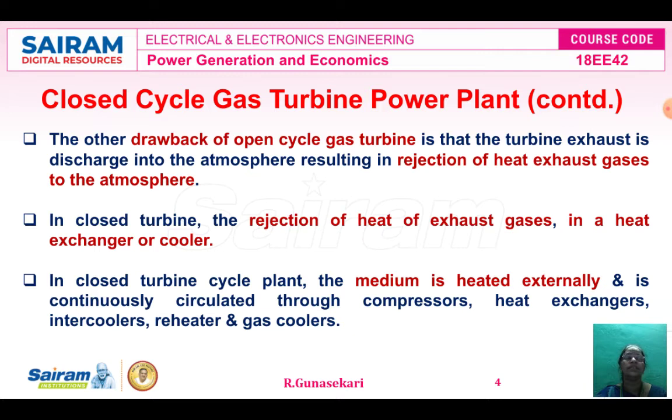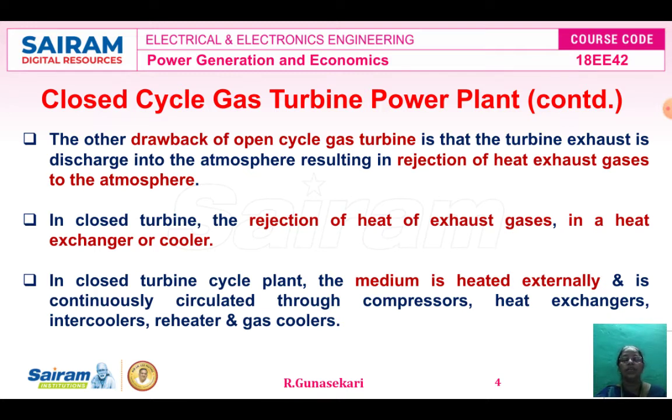The result is the rejection of the heat of the exhaust gases to the atmosphere only. But in the closed cycle power plant, the rejection of the heat of the exhaust gases is in a heat exchanger or cooler only.